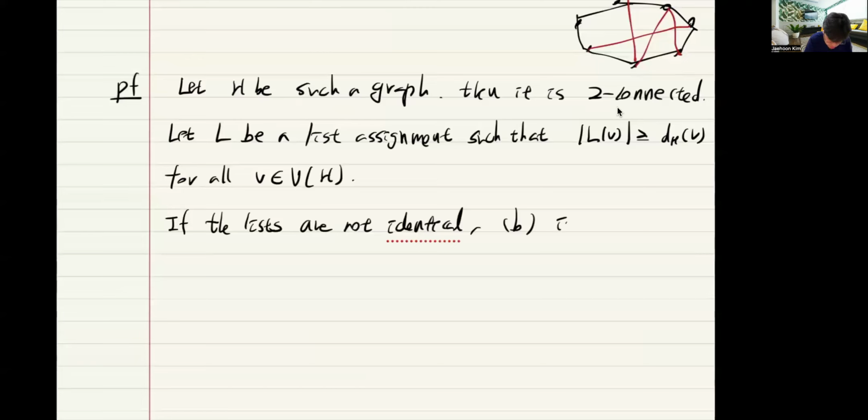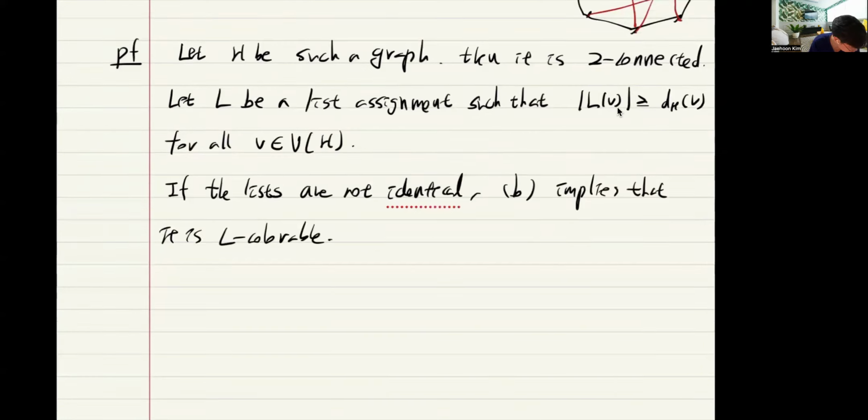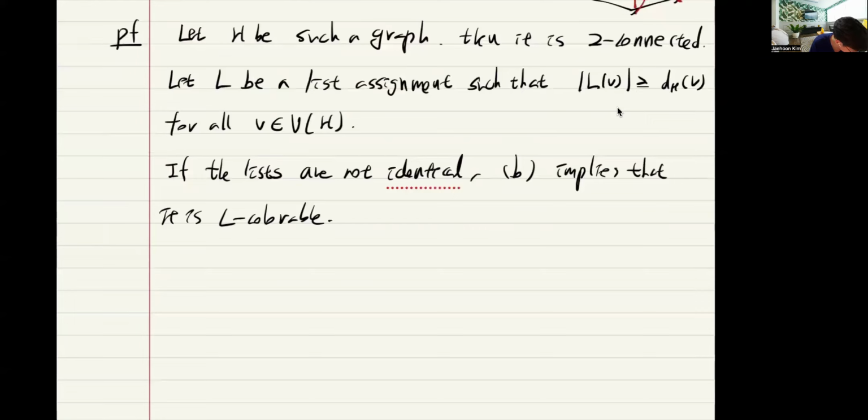So you can choose a proper coloring. If not, if the lists are identical, then what happens?